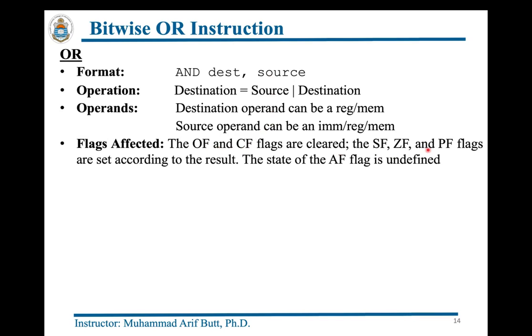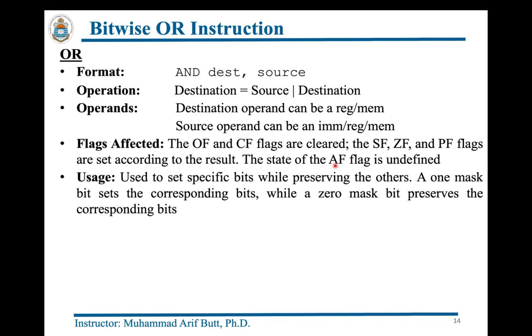The sign, zero and parity flags are set according to the result, while the auxiliary flag is undefined. As far as the usage of the OR instruction is concerned, it is used to set specific bits while preserving the others. A 1 mask bit sets the corresponding bit, while a 0 mask bit preserves the corresponding bit. Let us understand this with the help of an example.